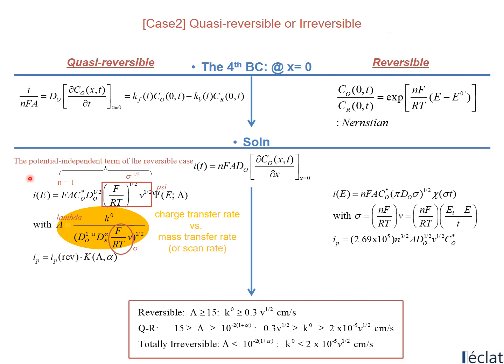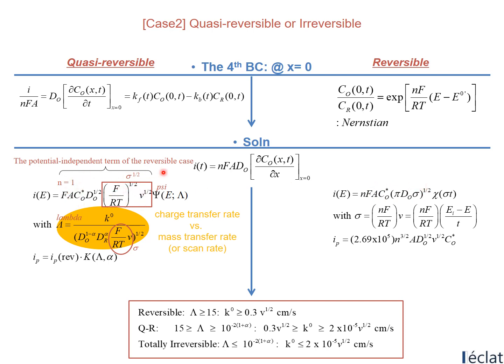Let me check it. Here is the current function, of course as a function of the potential, split into two terms. The first term is the potential independent term, which is exactly equal to the potential independent term of the reversible case. This one is the same as this one.